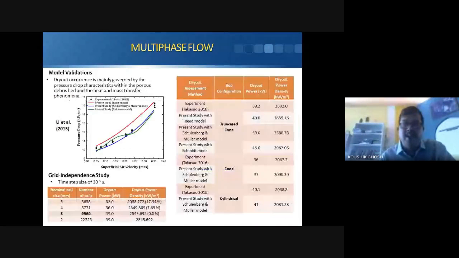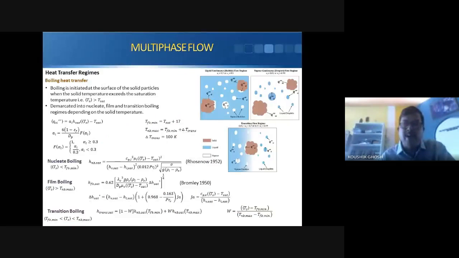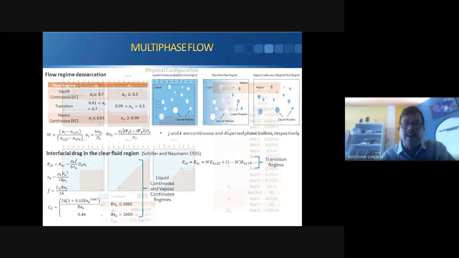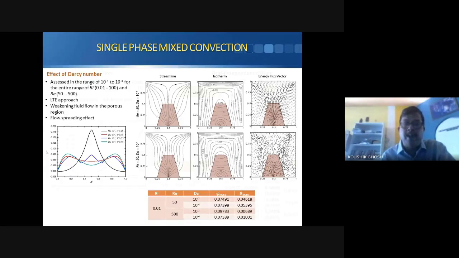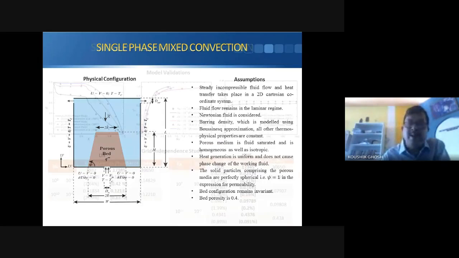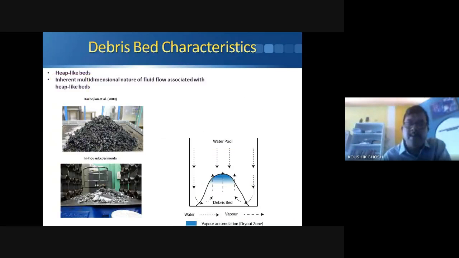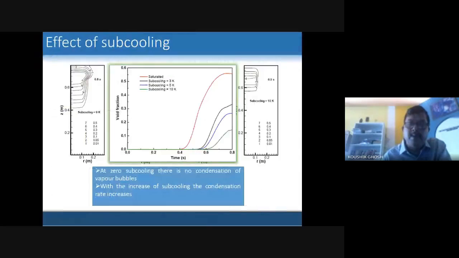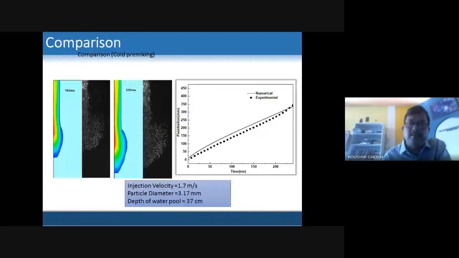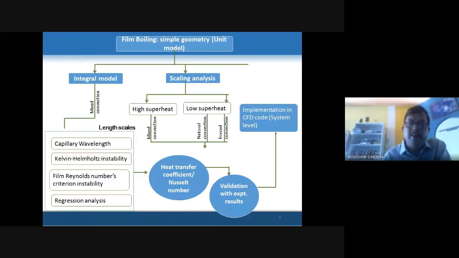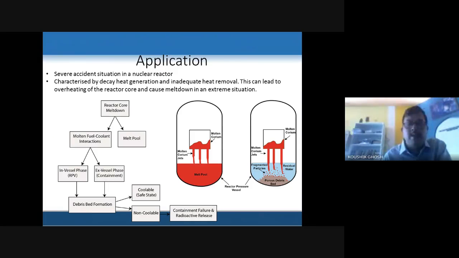If we go back to the initial slides, you can see what the challenges were and how we solved them. The big challenge is to solve this practical problem, the debris cooling problem, and this application, fuel coolant interaction.